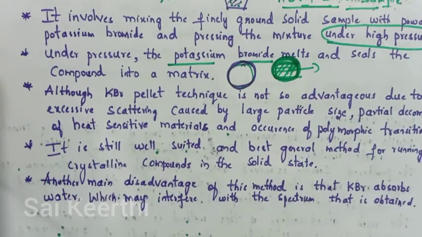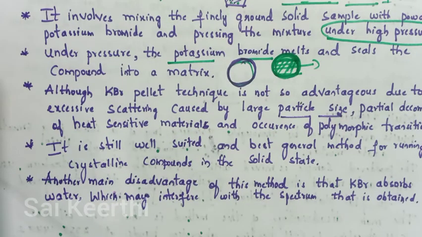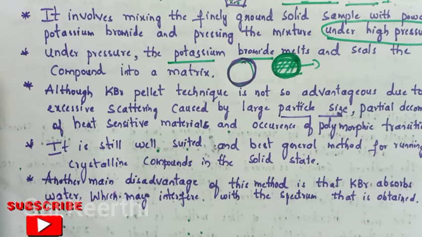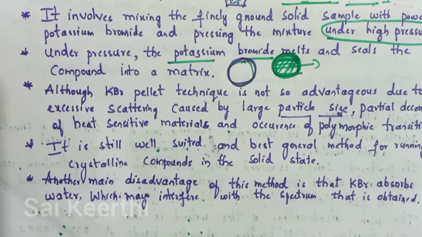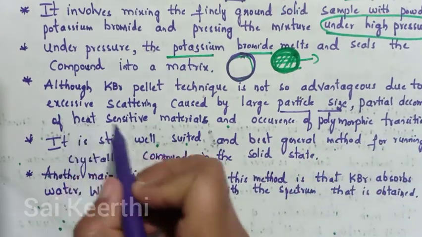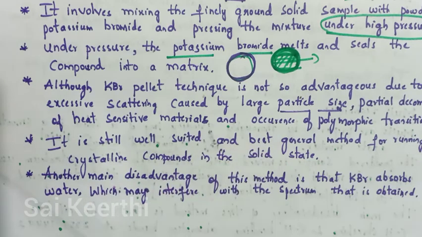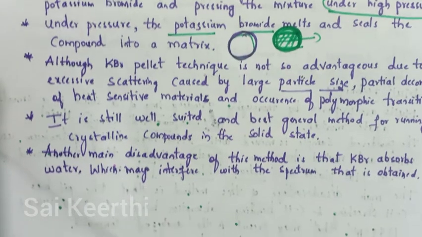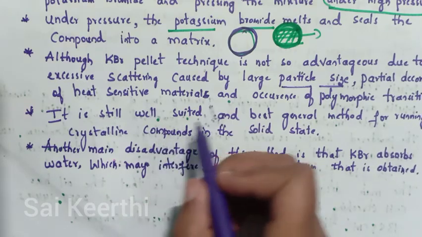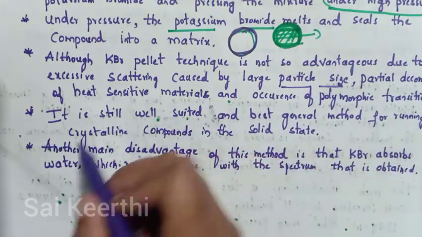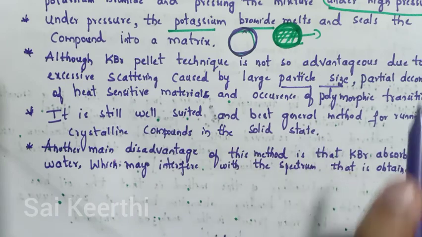Next, the third point: it is not so advantageous because scattering of particles can take place as the pressure applied is high, and partial decomposition of heat sensitive materials also occurs and polymorphic transition can also occur. So it is not so advantageous. It is still a well suited and the best general method for running crystalline compounds in the solid state.